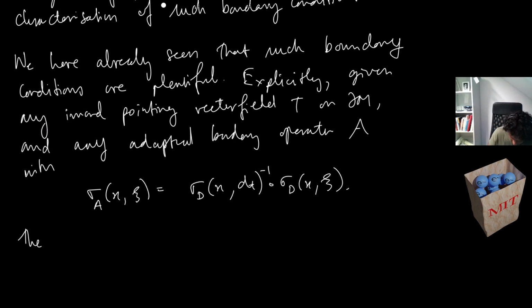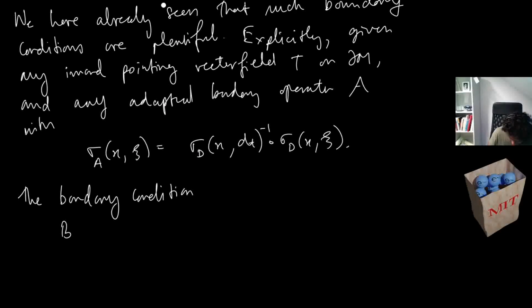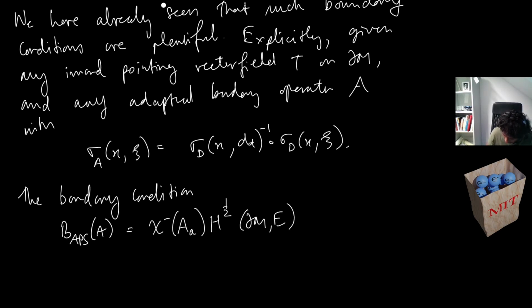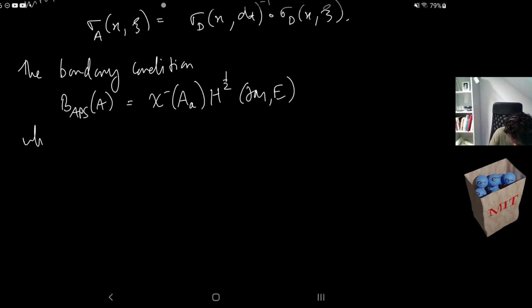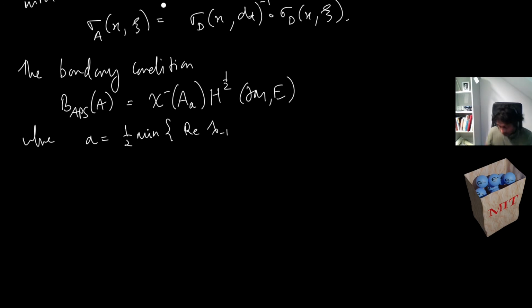The boundary condition B_APS of A, which is what? This is exactly equal to chi of A little a, H half of partial M, where we recall that the little a is half of the minimum of the real part of the first, well, okay.